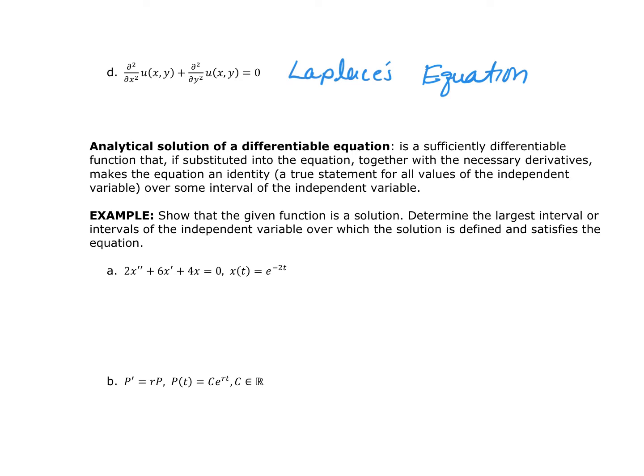So we want to show that the given function is a solution, and then we want to determine the largest interval or intervals of the independent variable on which this solution is defined and satisfies this equation. So if I want to think about the interval, we want to think about the values of the independent variable that will be allowed to make the original function or the differential equation undefined or defined. Depends on how you look at it.